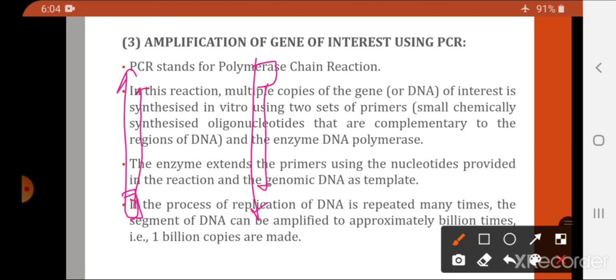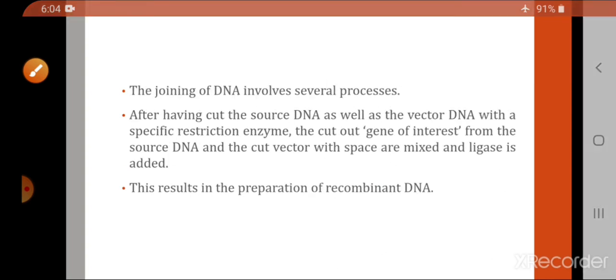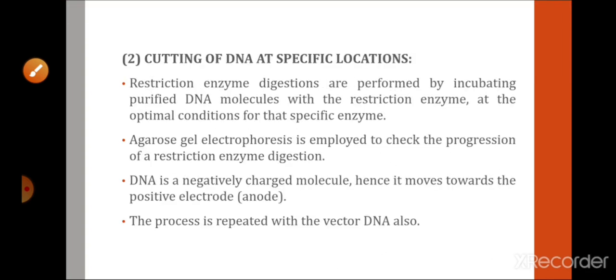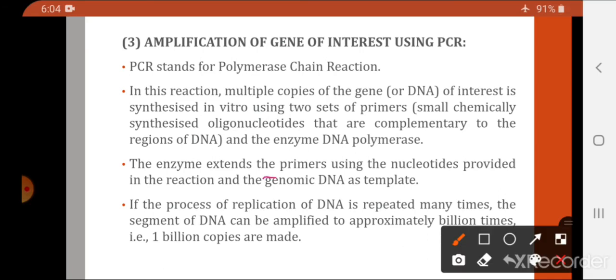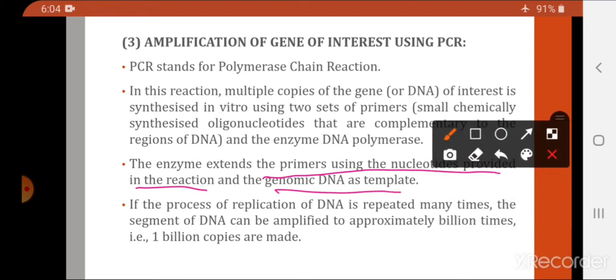And what will happen? The nucleotides will be added using the genomic DNA as the template. These two DNA are templates and इसके ऊपर नए नए nucleotides कौन लेकर आएगा? So DNA polymerase enzyme. Clear? So the enzyme extends the primer using the nucleotides provided in the reactions and the genomic DNA as the template.